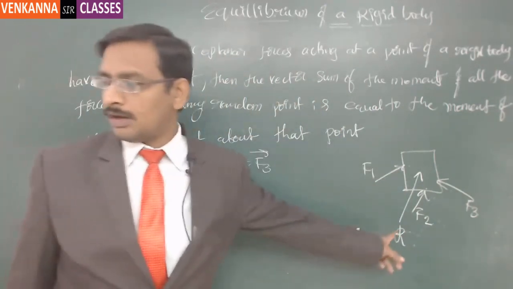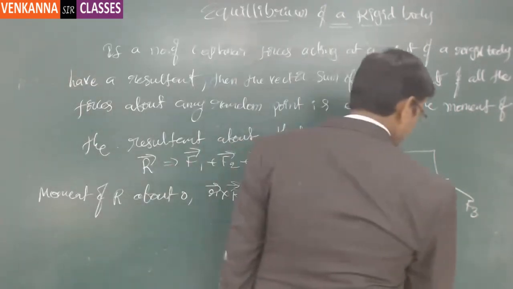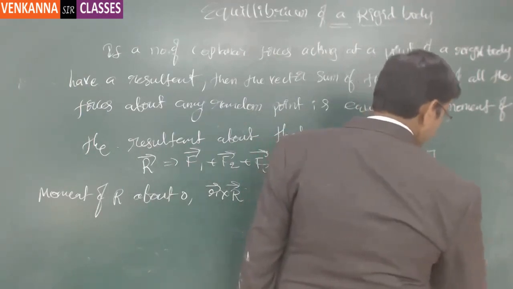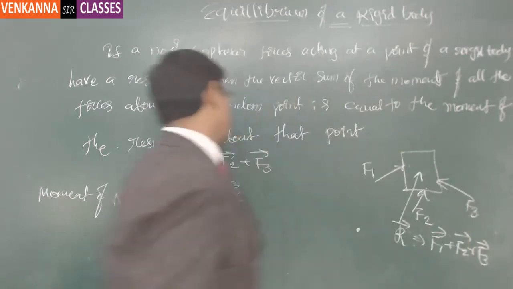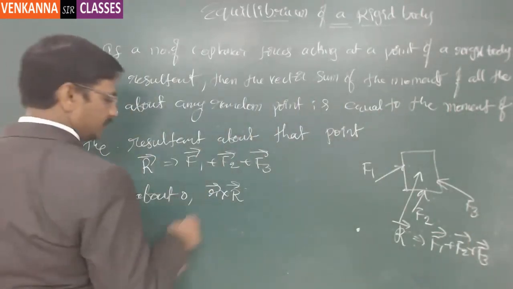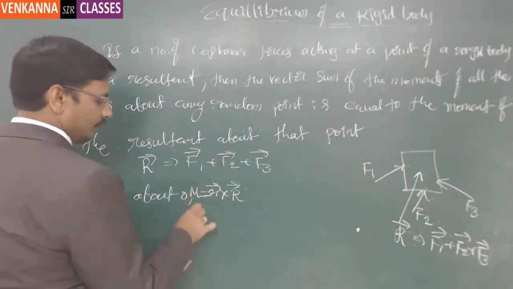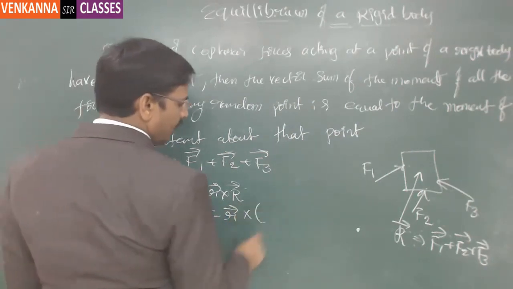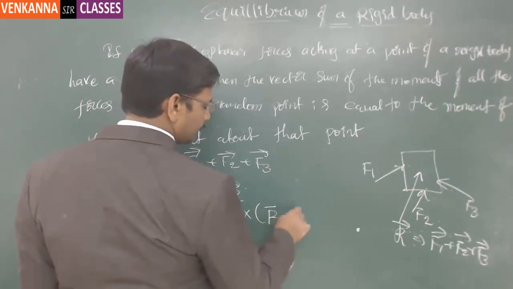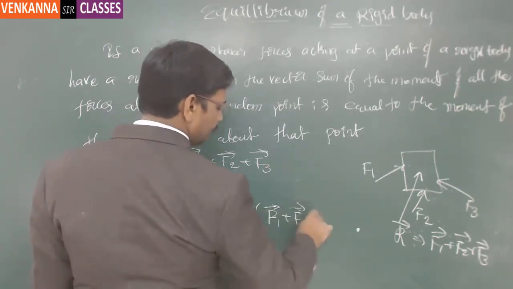So this is the moment M. M is equal to r cross R, and R is nothing but F1 plus F2 plus F3.